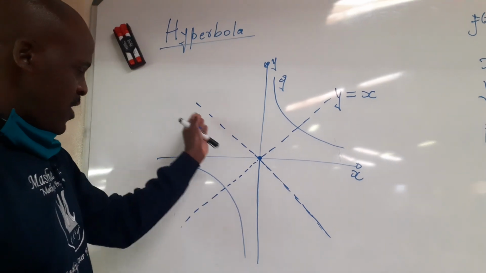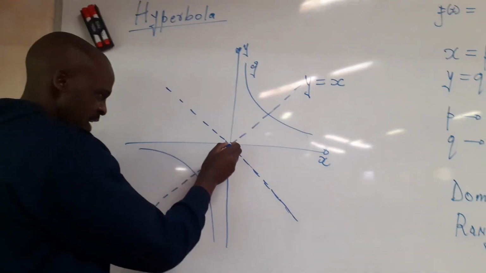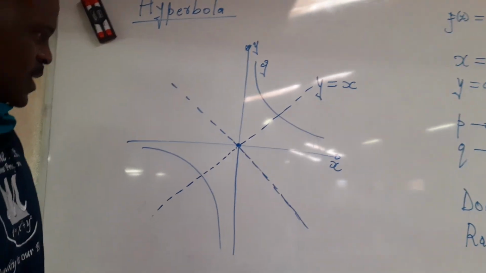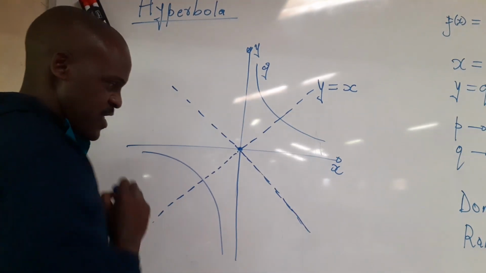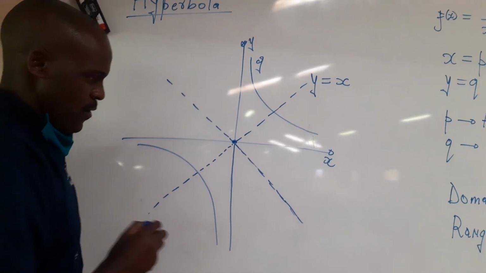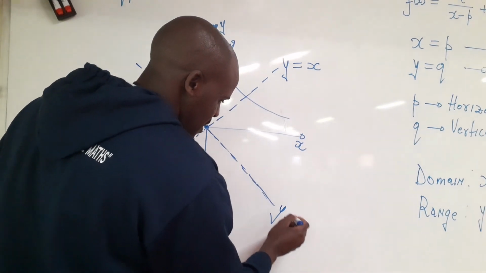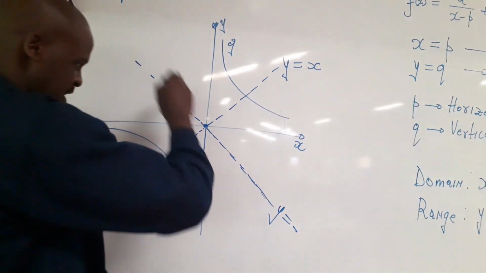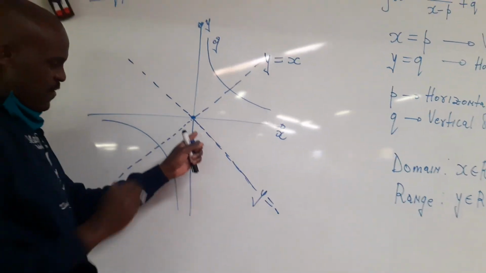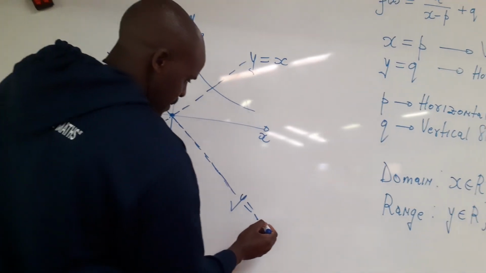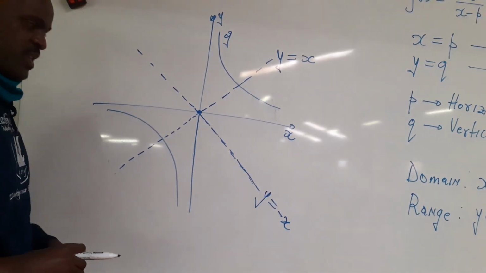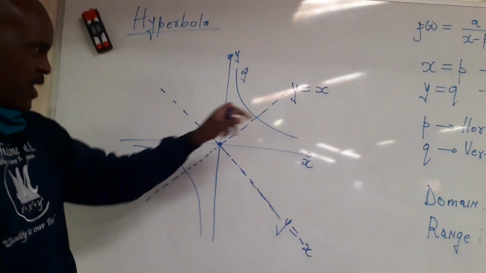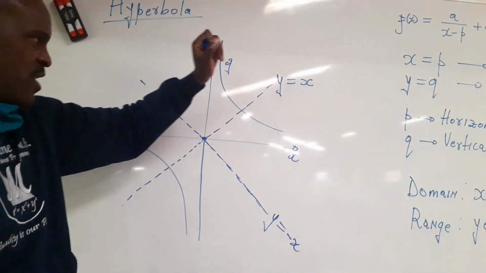Again, the x-intercept is 0, the y-intercept is 0, but this is a decreasing function, which means our equation now will be y is equal to negative x, because the gradient is now negative. It passes through the origin, whereas that one has got a positive gradient.